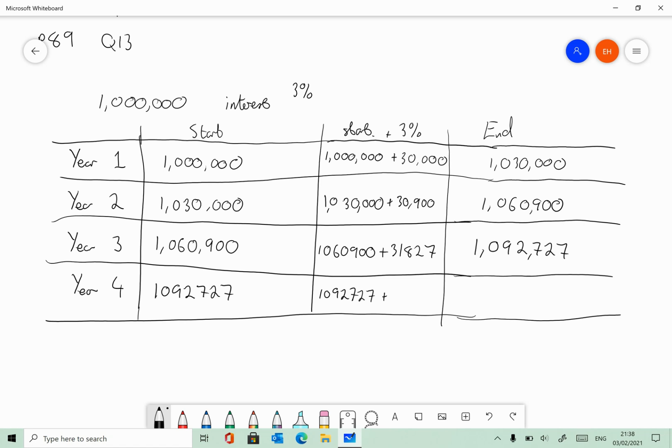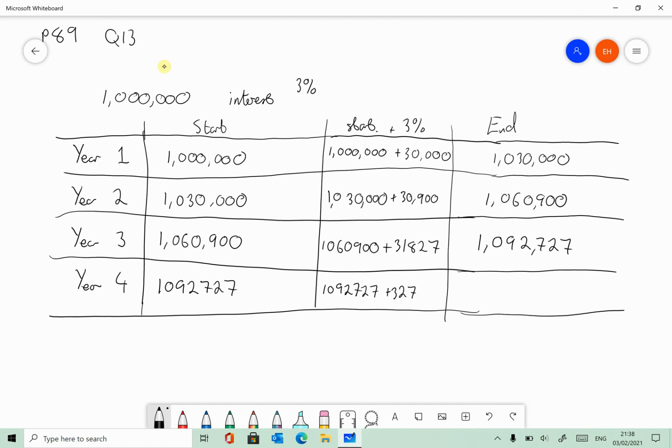So again, I must work out what 3% of that figure is. 3% of 1,092,727. So it's 3% multiplied by 1,092,727. And that gives me 32,781.81.